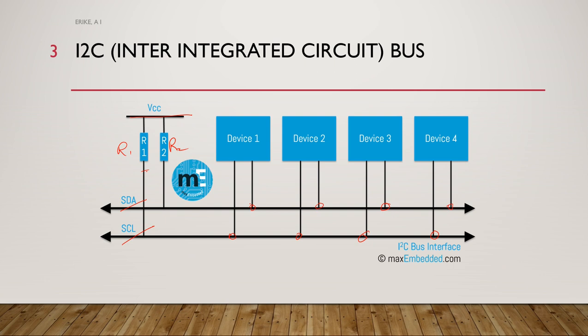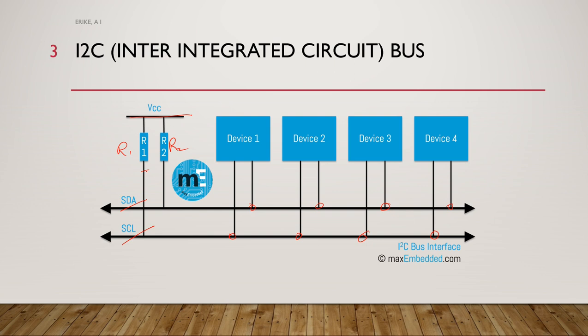It comprises the serial clock and the serial data lines. The serial clock is responsible for generating synchronization clock pulses, and the serial data is responsible for transmitting the serial data across devices. The I2C bus is a shared bus system to which many I2C devices can be connected.